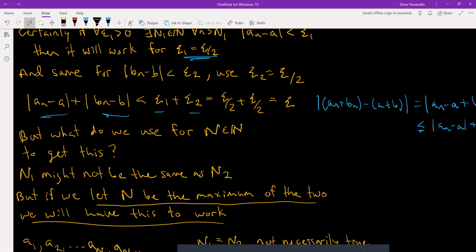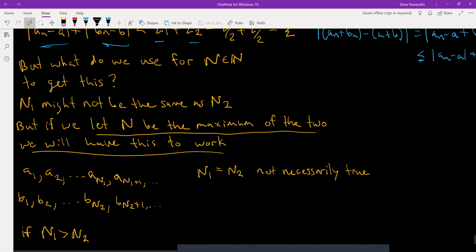So which one do we use? Because these two indices might not be the same. The cutoff point for where b_n converges to b doesn't have to be the same cutoff value that you have for a_n converging to a. So N1 might not be the same as N2.